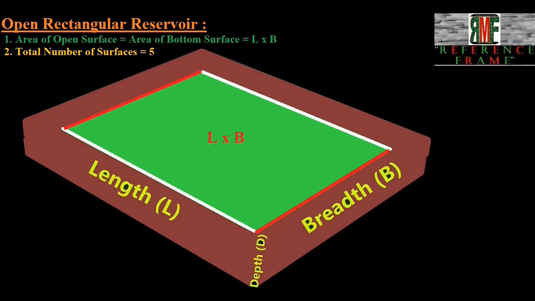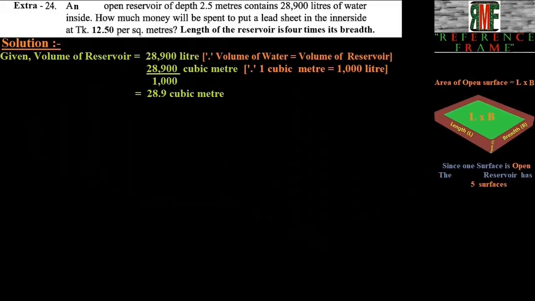The area of the open surface, which is covered with green, is equal to the area of the bottom surface, L into B. Here it is L into B, because length and breadth are different, as the reservoir is rectangular, and the total number of surfaces is 5. If you understand the previous one and this basic, let's move forward.